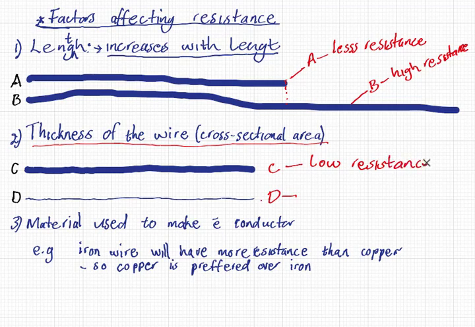Then for D, since the wire is thin, the resistance is high. Then how about the material? The material used to make the conductor. We are saying iron has more resistance than copper, when everything else is the same except the material: same thickness, same length, same temperature.